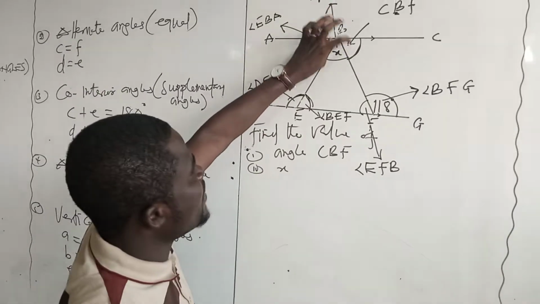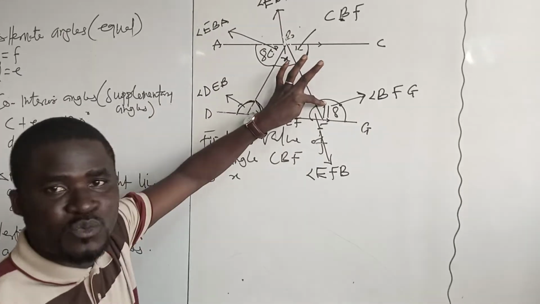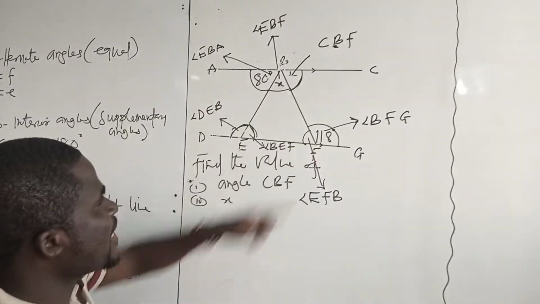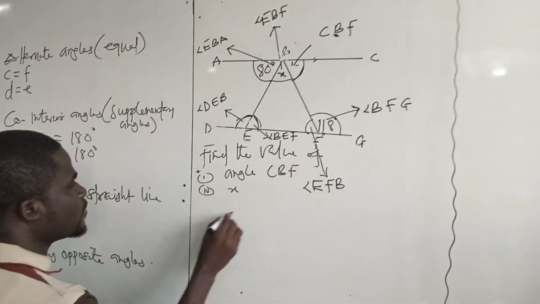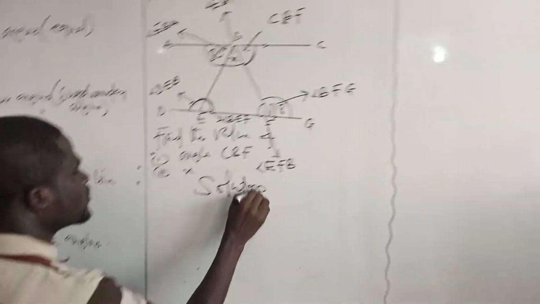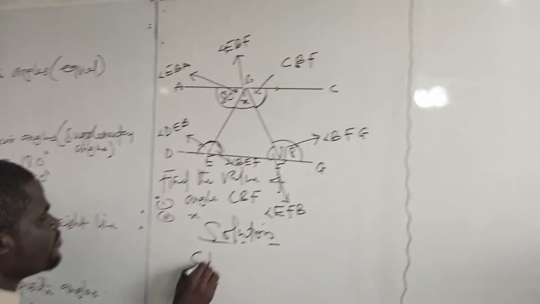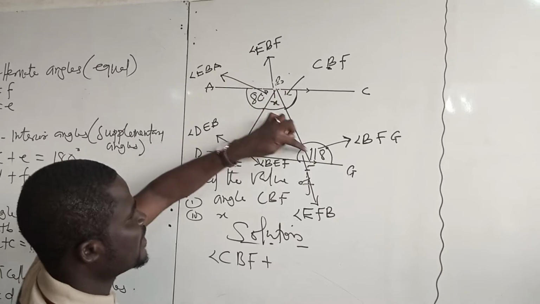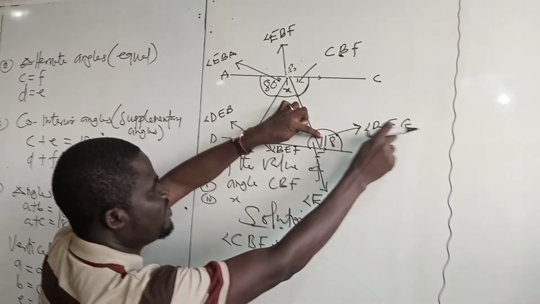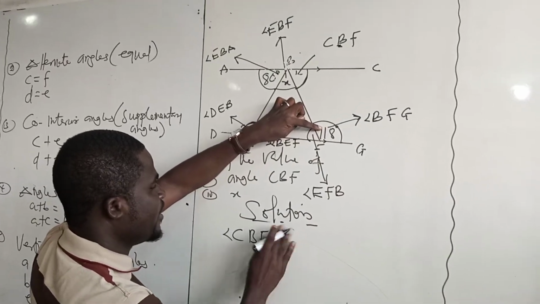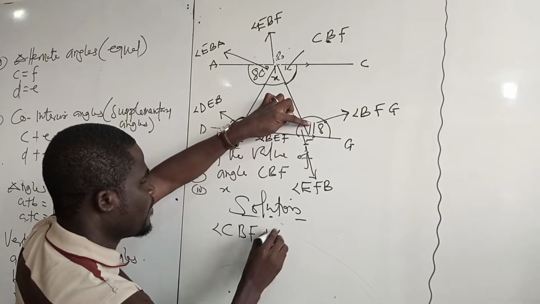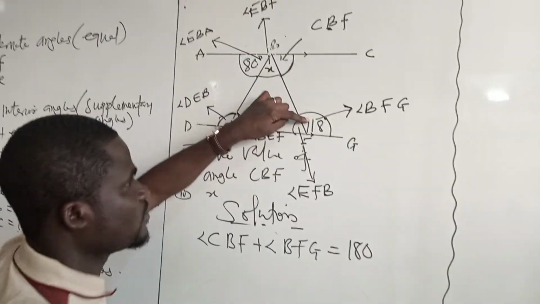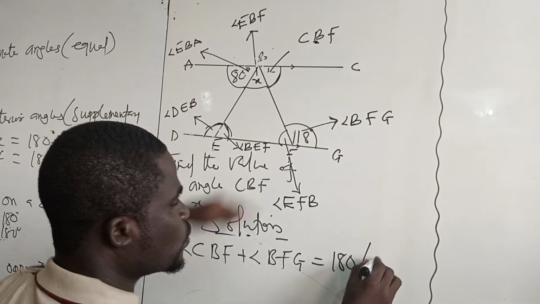So we are finding this angle. This plus this should give us 180. Now we've learned how to create the angles, so let's create the angles. Solution: angle CBF, meaning this one plus this one, angle BFG, should give us 180 degrees, then in bracket, co-interior angles.